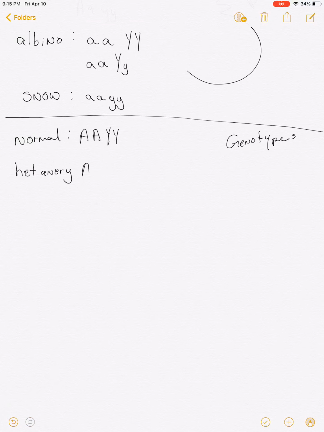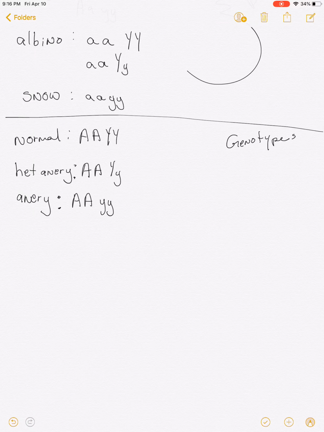So here it's referring to it being heterozygous for the anery coloration. And then we've got just our regular anery, which we know has to be recessive. So it has to be dominant, dominant, lowercase, lowercase.